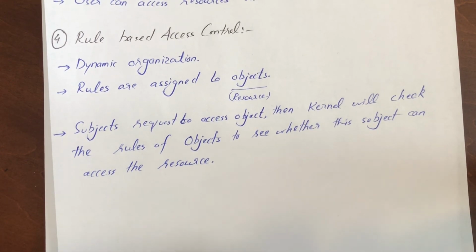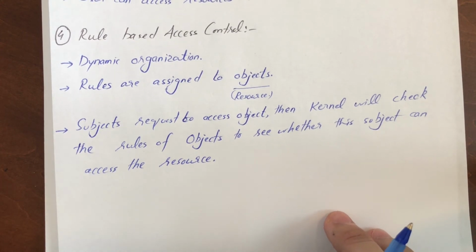Rule-based access control systems are specifically designed for smaller organizations where things change very quickly.